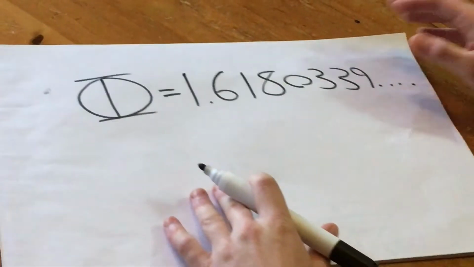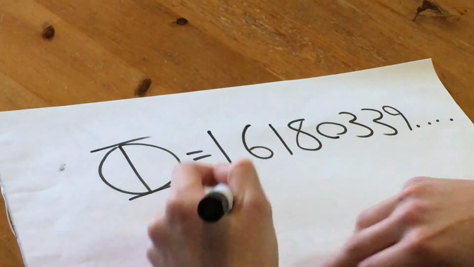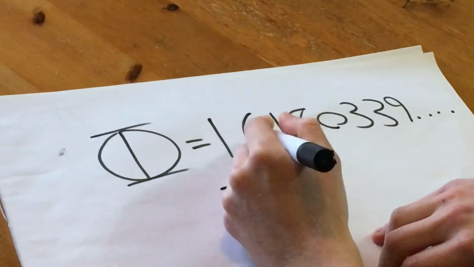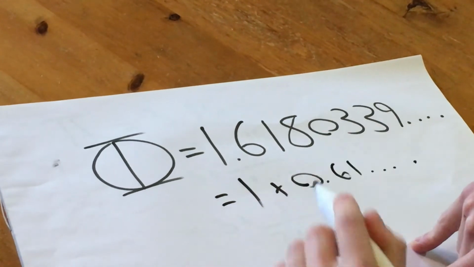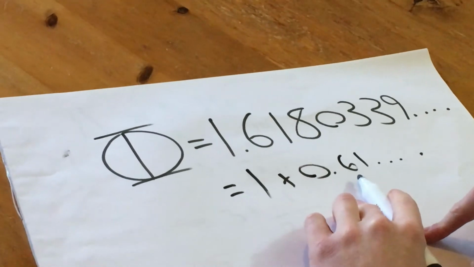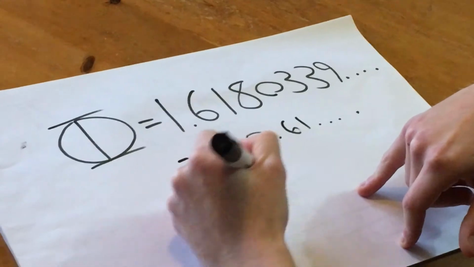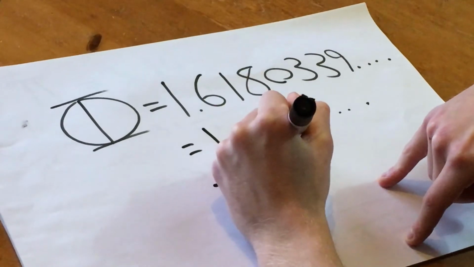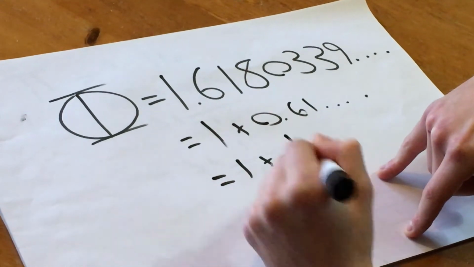So what's going to happen when we do it with our number, the golden ratio? Well, if we split this up, it's going to be 1 plus all this, so 0.61. You might think, okay, how are we going to write this as a fraction? Well, a nice thing about the golden ratio is that when we write it as a fraction, we're just going to get the same thing again.